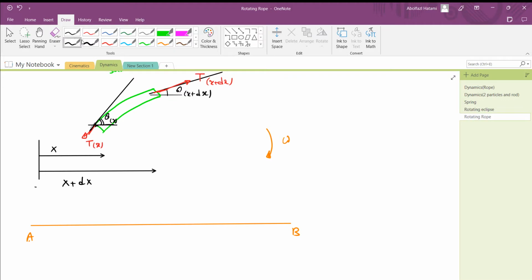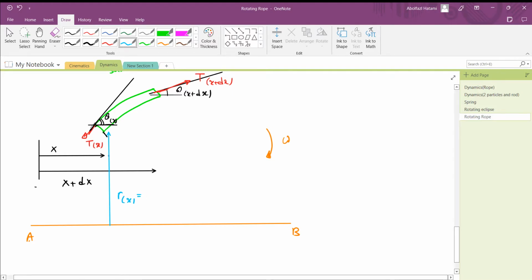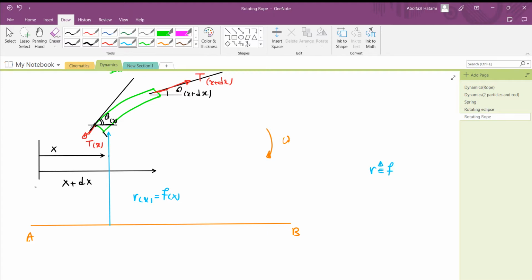And also this r, the function, I want to call it f of x. They are the same. Okay.